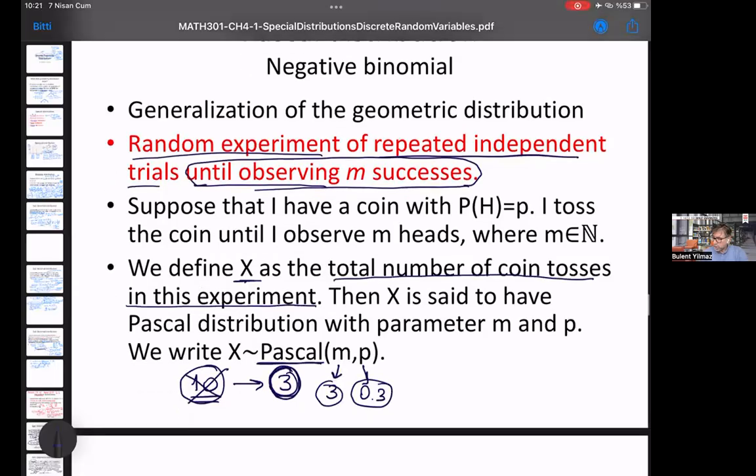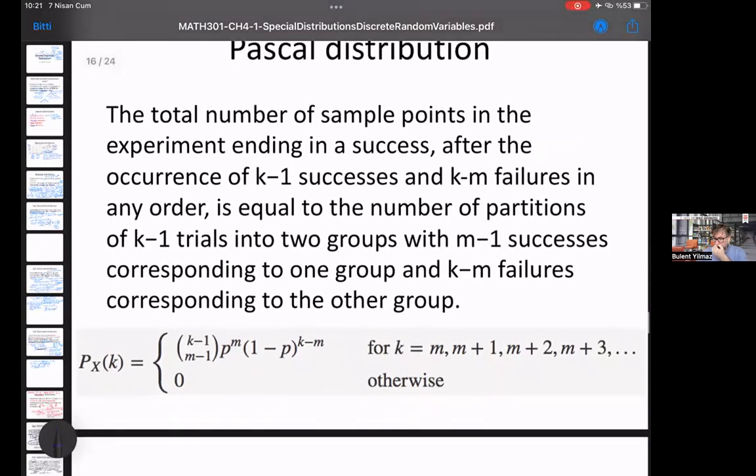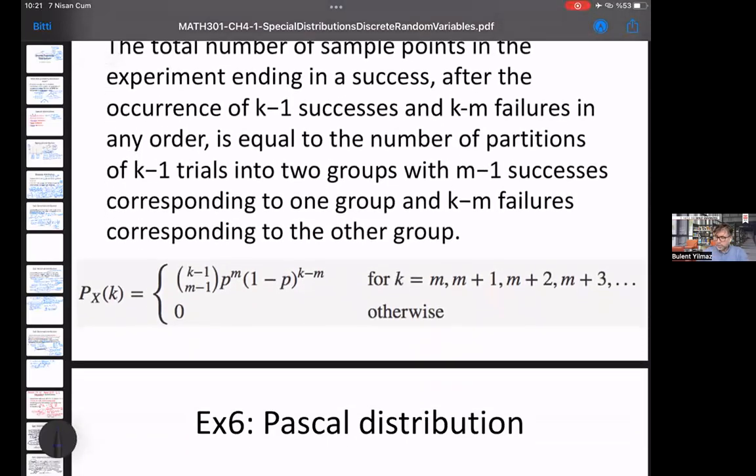Okay, so for the Pascal distribution, here is the formulation. I explained this in the video: the combination of k minus 1 choose m minus 1, times p to the power m, times 1 minus p to the power k minus m, with k being m, m plus 1, m plus 2, and so on.